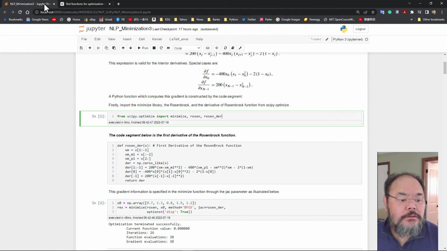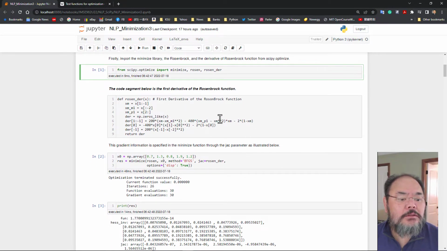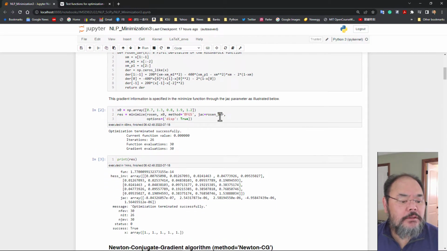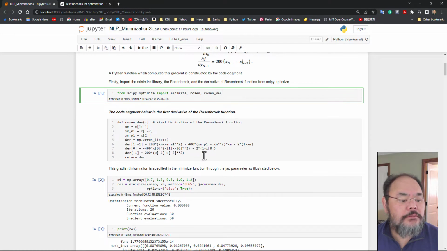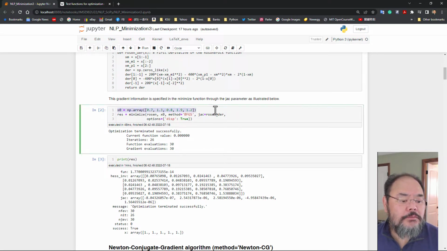Going back to our main flow, this is how the first derivative of the Rosenbrock function is used, and I just call it rosenbrock derivative. Solving this problem is really simple. You give it an initial guess, use the minimize function from SciPy.optimize, and the method specified is BFGS.